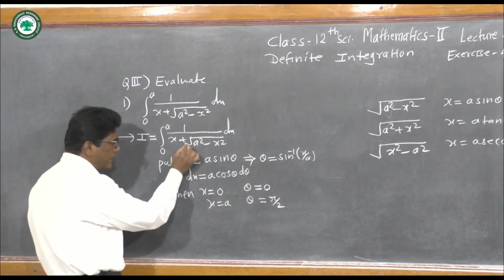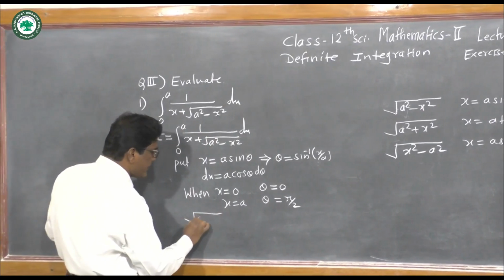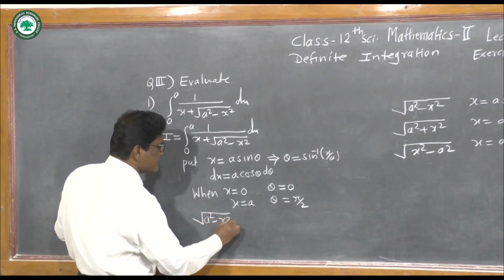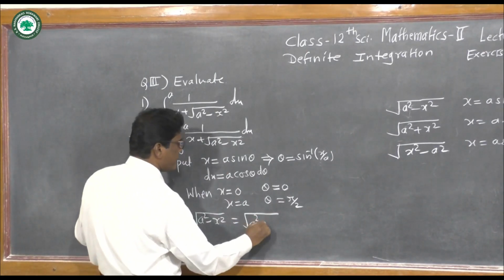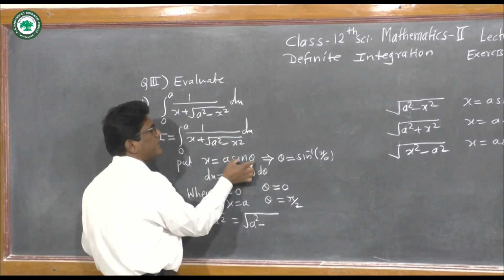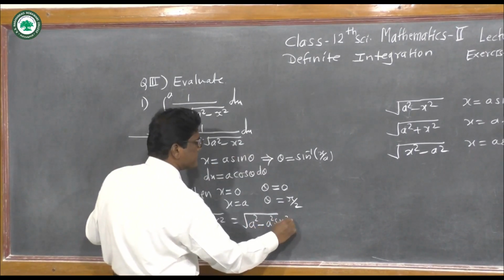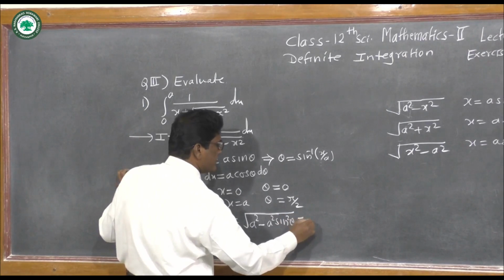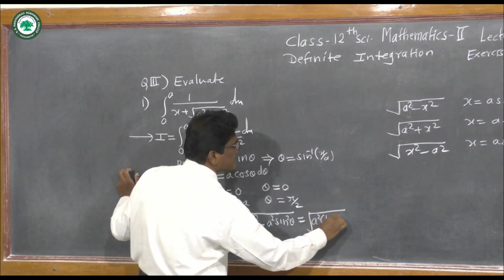Now we find the value of under root of a square minus x square. It is equal to under root of a square minus, here x we put a sin theta, so a square sin square theta. Take a square common: a square in the bracket 1 minus sine square theta.